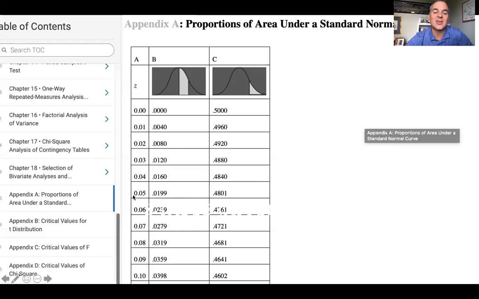Now, if I want to know how many responses are below z equals 0.05, actually, don't add these together. I have to add in the 50% from below the mean. So what I would add in for how many people are below 0.05 is 0.0199, so about 2%, plus 50%, so about 52% of responses are below z equals 0.05.